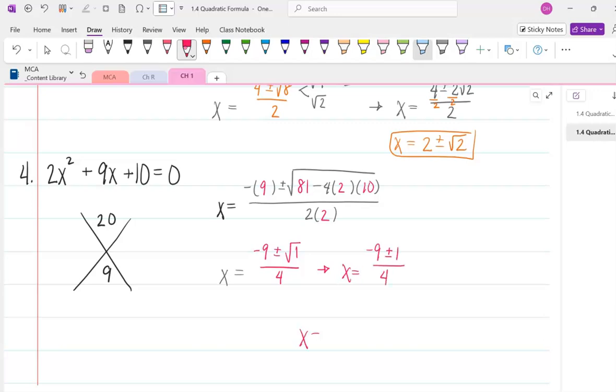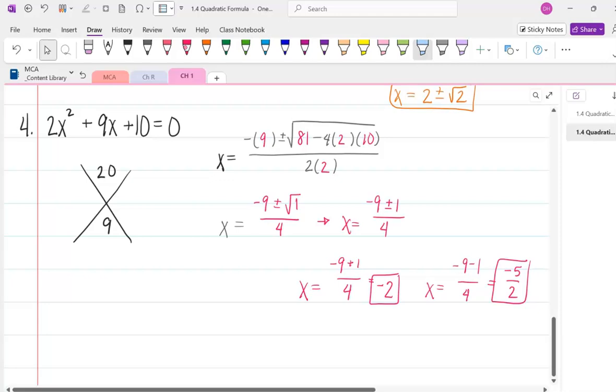So really, x equals, it's going to be negative 9 plus 1 over 4. And then you've got x equals negative 9 minus 1 over 4. That will reduce to negative 5 over 2 because this is negative 10 over 4. And then this one gets me to negative 8 over 4, which reduces to negative 2. And those are our two answers.